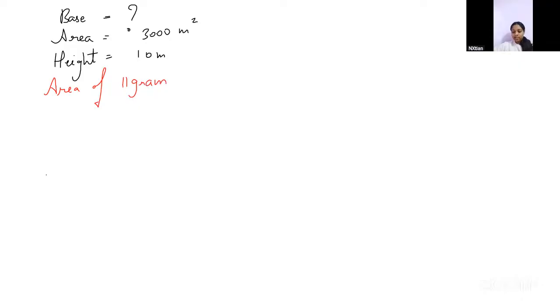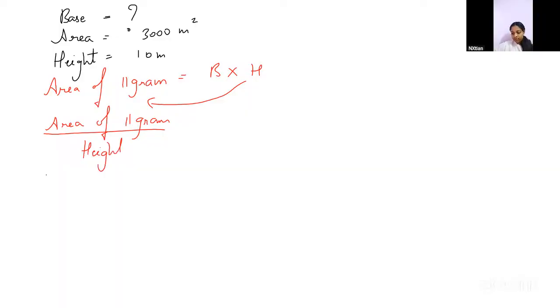Usually, area of parallelogram is base into height. I have to find out the base, so I'll take height this side. So it becomes area of parallelogram divided by height equals base.